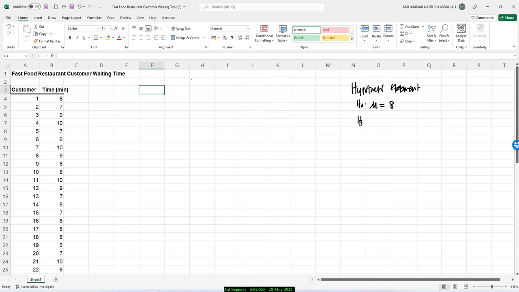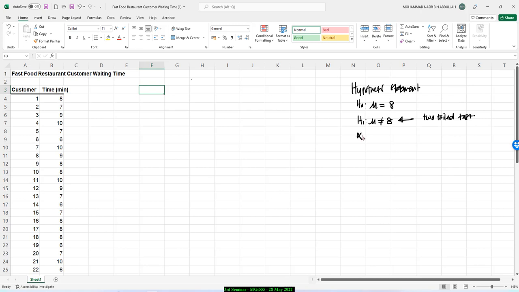Right. Alternative hypothesis, mu is not equal to 8 minutes. Maksudnya tak sama dengan 8 minit lah. So this is the claim. Right. So dekat sini kalau kita tengok, alternative hypothesis is not equal. It's supposed to be two-tail test. Right? Supposed to be two-tail test.